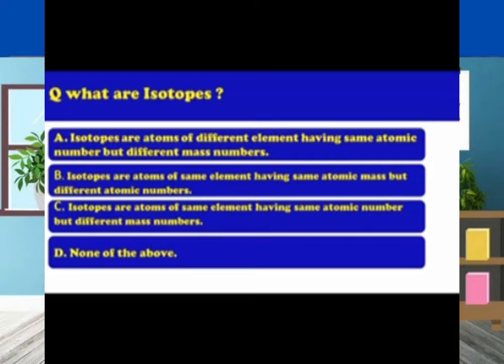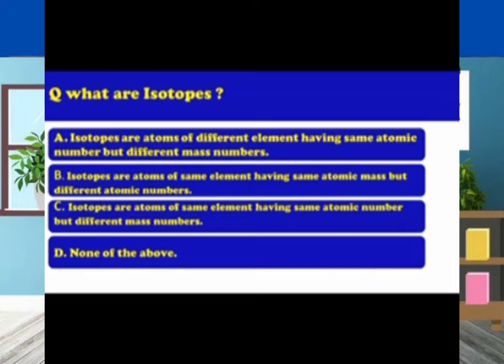Second, isotopes are atoms of same elements having same atomic mass but different atomic number. C, isotopes are atoms of same elements having same atomic number but different mass numbers. And D, none of the above. Here the correct answer is isotopes are atoms of same elements having same atomic number but different mass number.